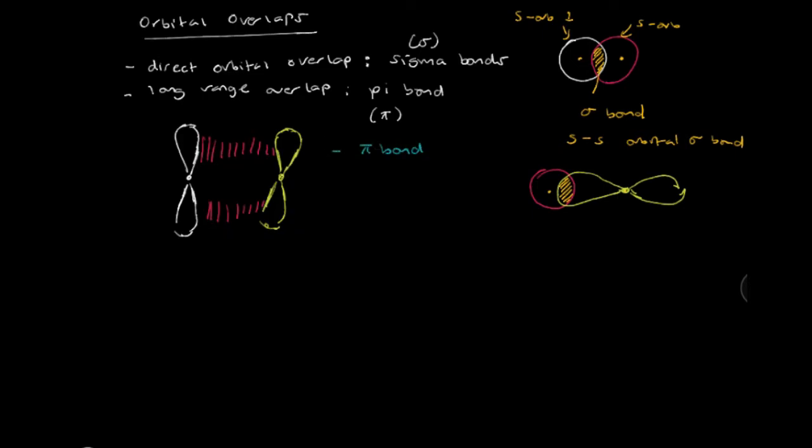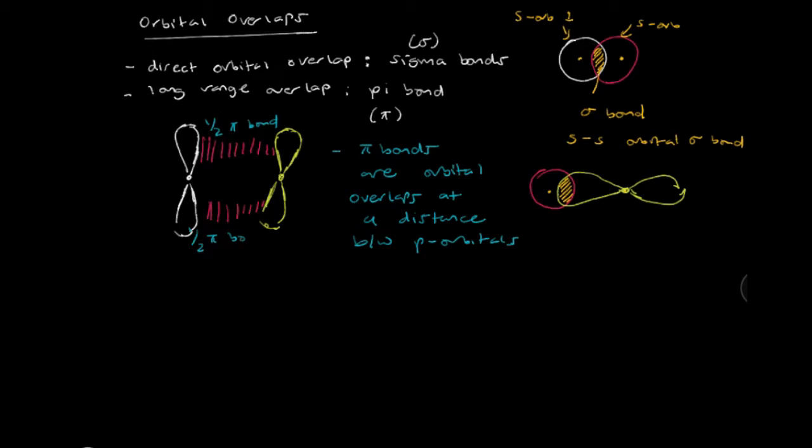So pi bonds are orbital overlaps at a distance between p orbitals. Okay, so only p orbitals will be involved in a pi bond. They're from a distance, and each of these is basically half a pi bond, so the full set is one full pi bond.